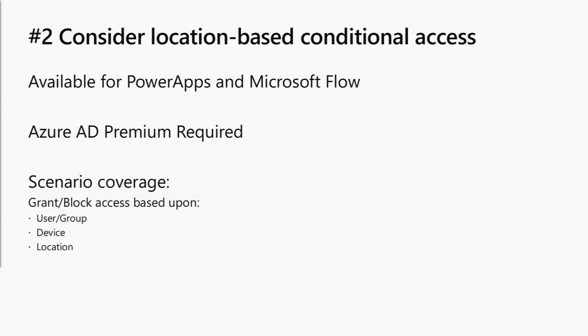Number two, consider conditional access within your Azure Active Directory services. If you need to control, say, I want to restrict access to PowerApps and Flows if someone is traveling or in a certain area where we don't allow that type of access, or if I want to control from a device level, we'll talk about the new updates for mobile application management there.